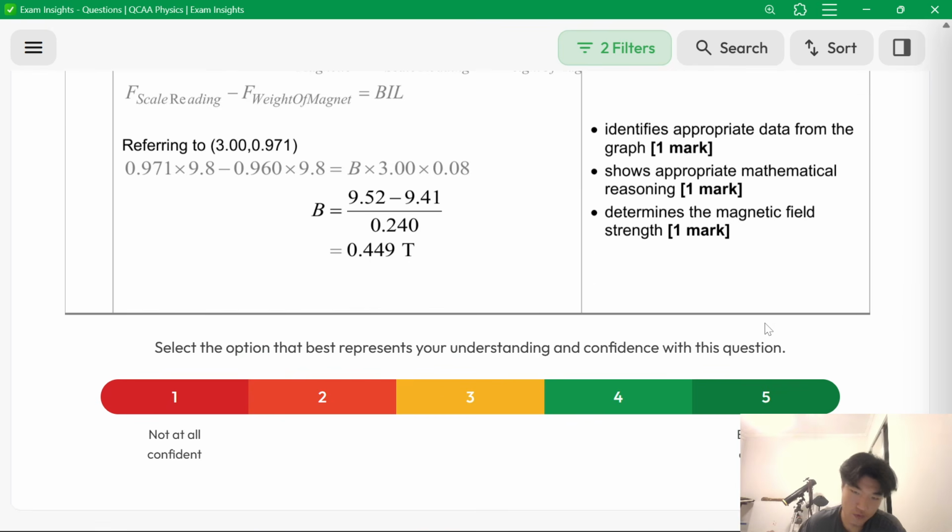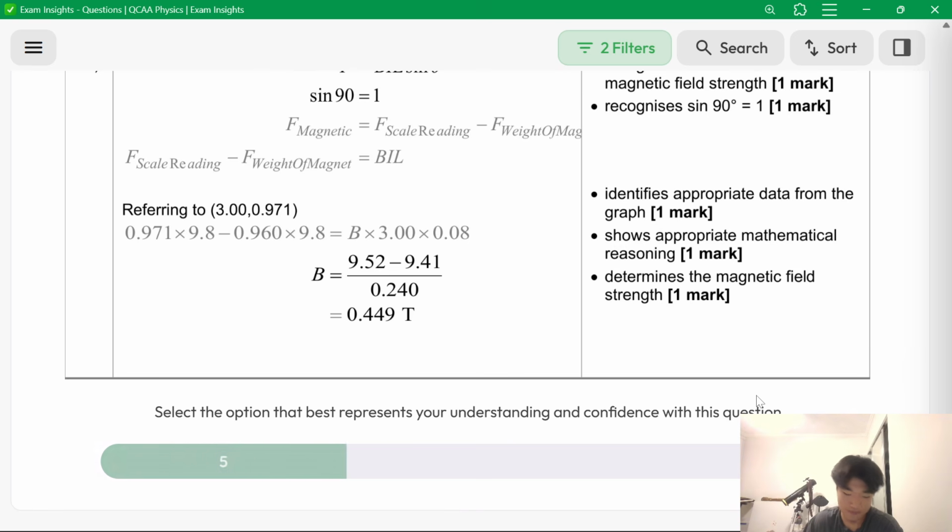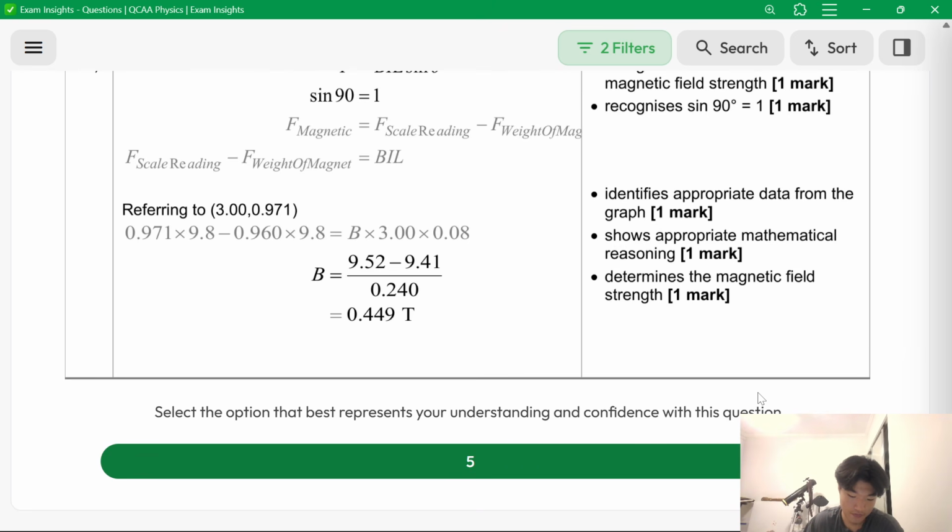Okay, but overall, essentially the same value. So I would accept that. Yeah, it's essentially the same thing.